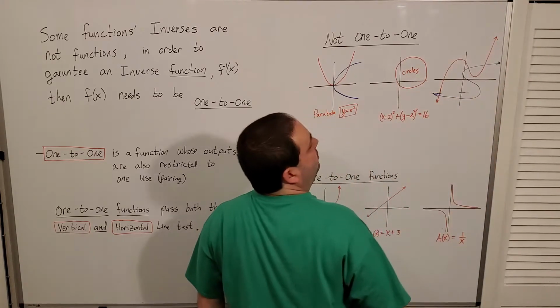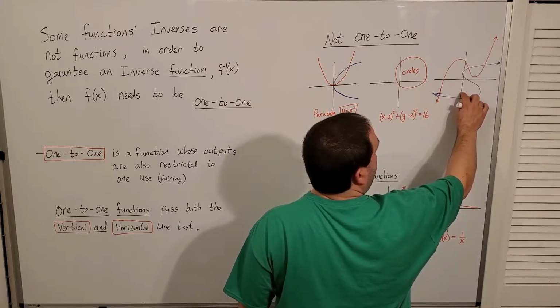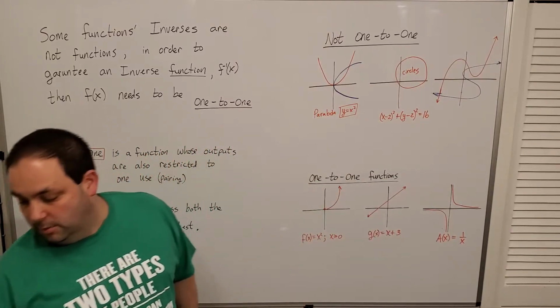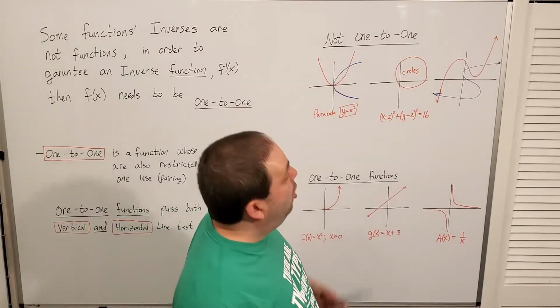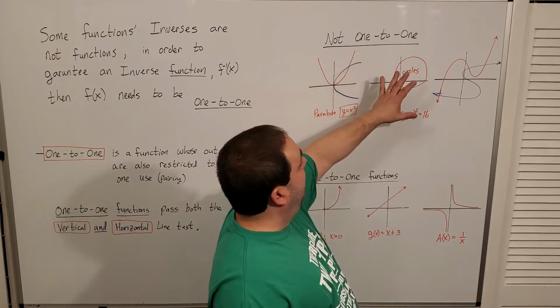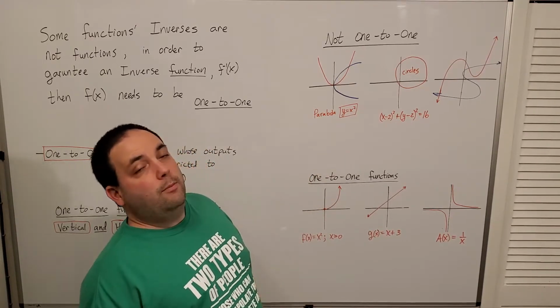This would be its inverse, ish. I'm a little bit off. But notice it would not pass the vertical line test. The blue inverse graph there would not be a function. Okay? So if your original graph in red is not one-to-one, the inverse will not be a function.